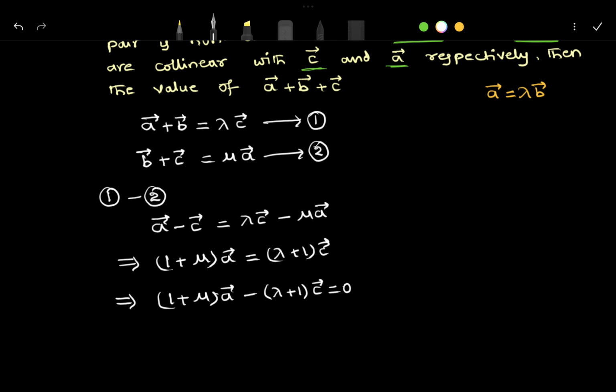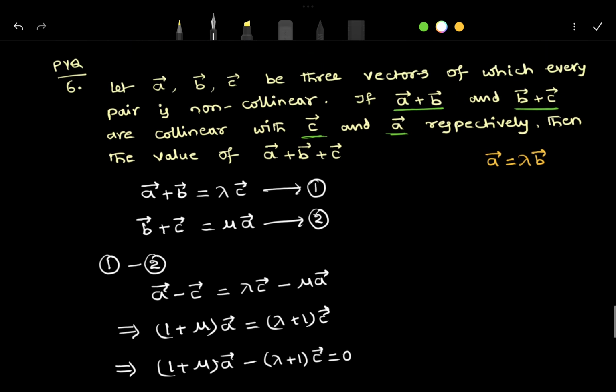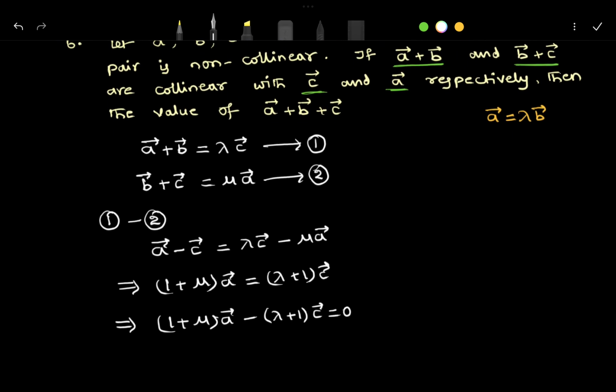You know one formula is there. If A bar and B bar are non-collinear vectors, and x and y are the scalars such that x into A bar plus y into B bar is equals to 0, then you can write that x is equals to 0 and y is equals to 0, and that means you call this one linearly independent vectors.